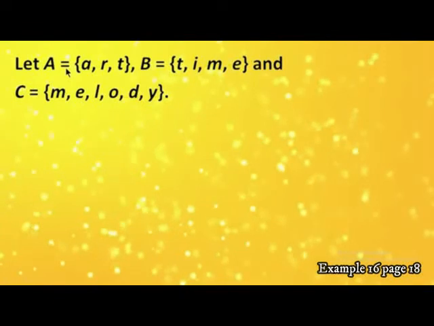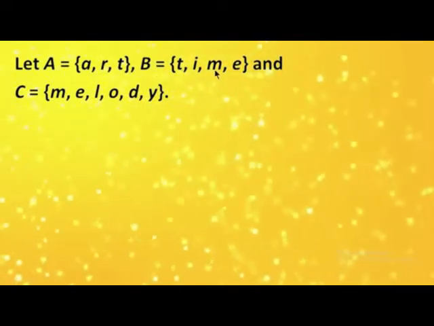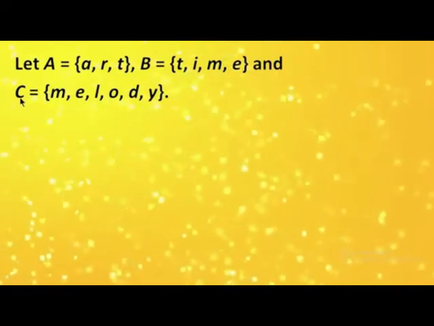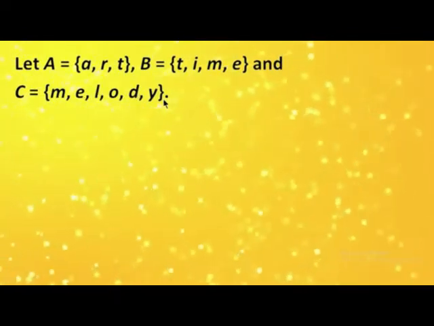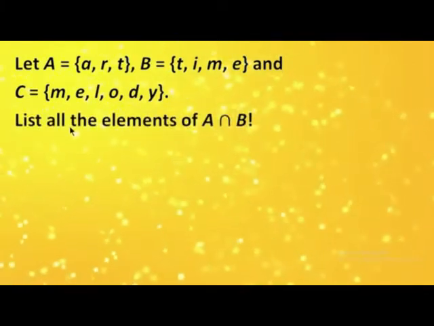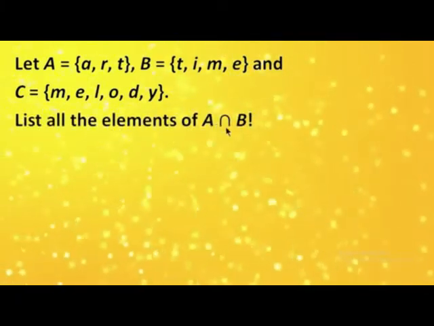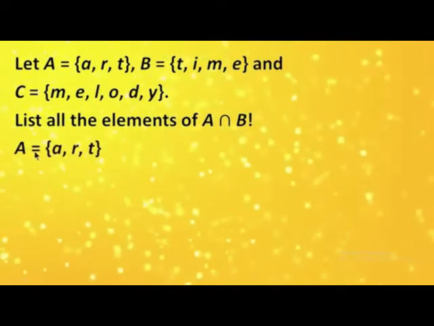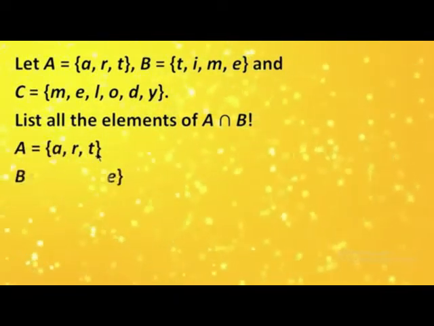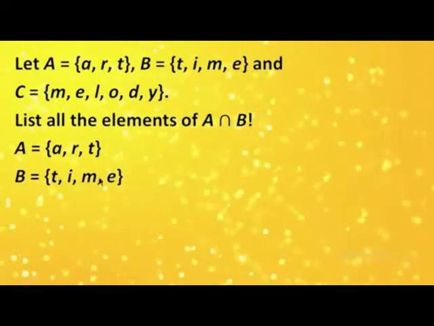Let set A be ART, set B be TIME, and set C be MELODY. List all the elements of A intersection B. The elements of A are ART, and the elements of B are TIME.